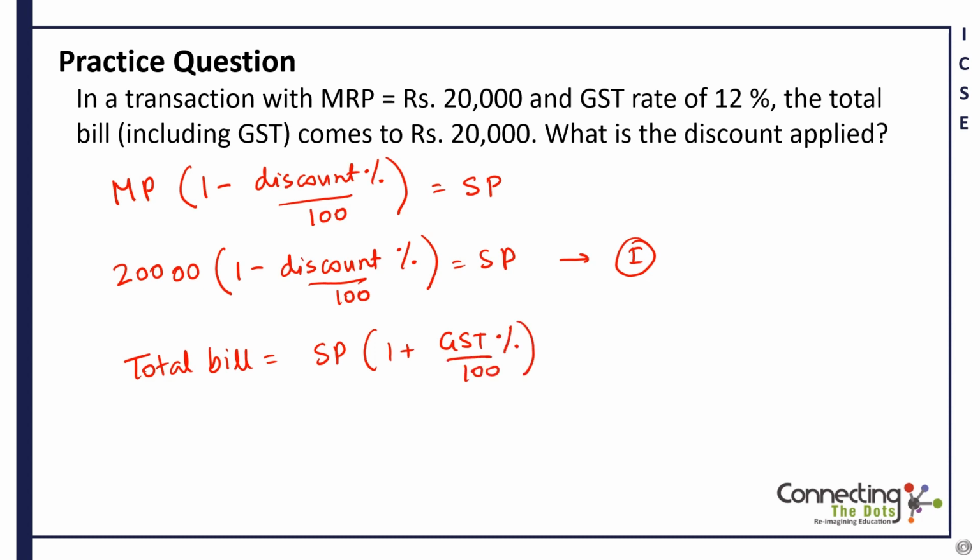So we have the total bill is also 20,000. And the GST amount in this case is 12%, making it 0.12. So this is 1.12 times SP. This is our second equation.